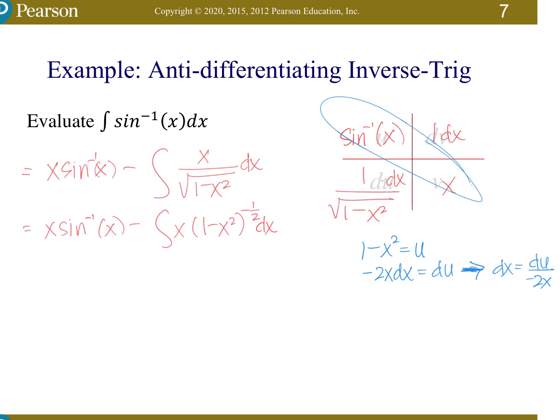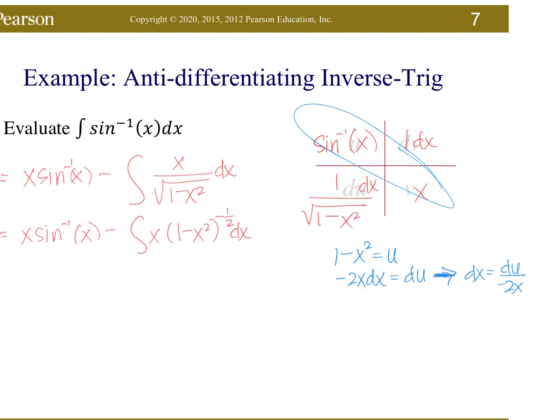So you're just doing the basic stuff we did before. So x sine inverse x minus the integral of x times the quantity u to the half, and then my differential substitution will be du over negative 2x. So that'll help clean that up quite a bit.